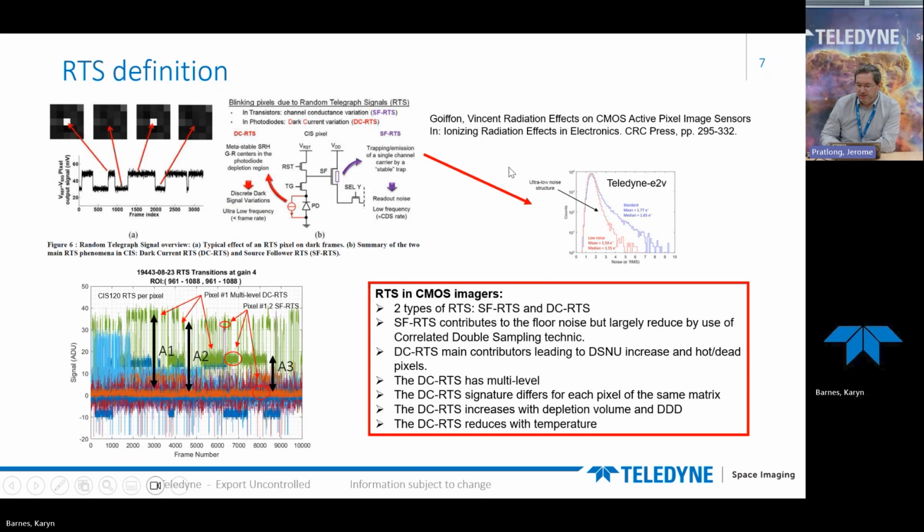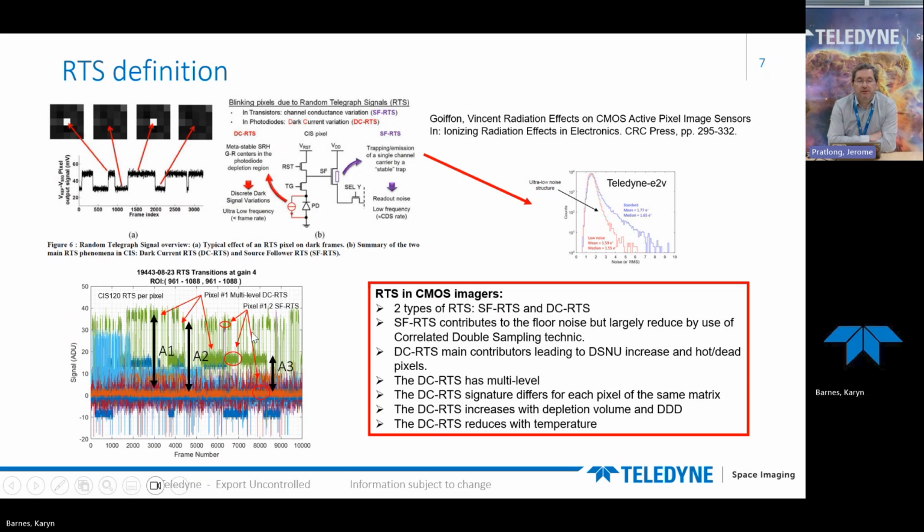At Teledyne E2V, we've already worked on the effect of the source follower RTS by choosing a technology that has a very reduced tailing on this effect, via some processing only at the level of the source follower.